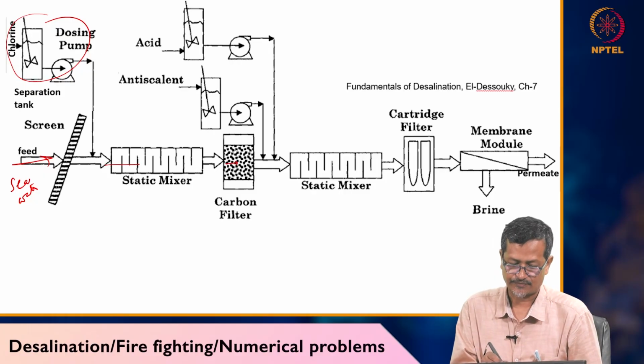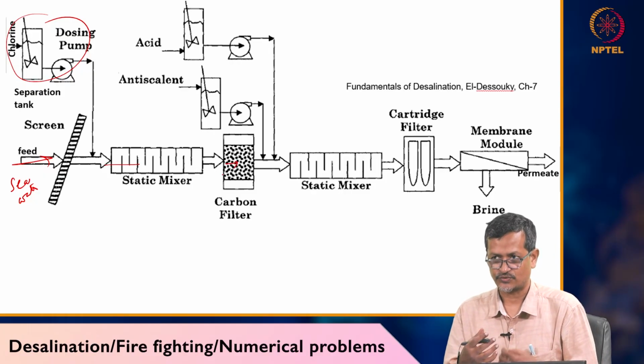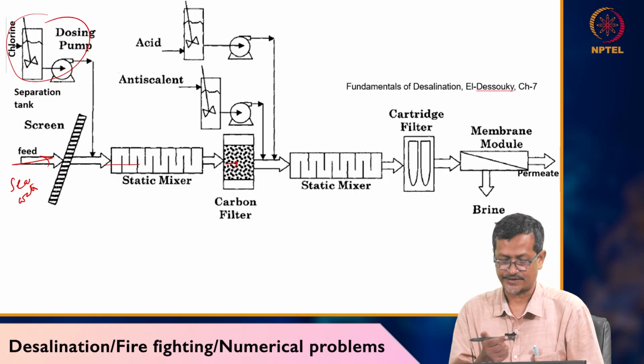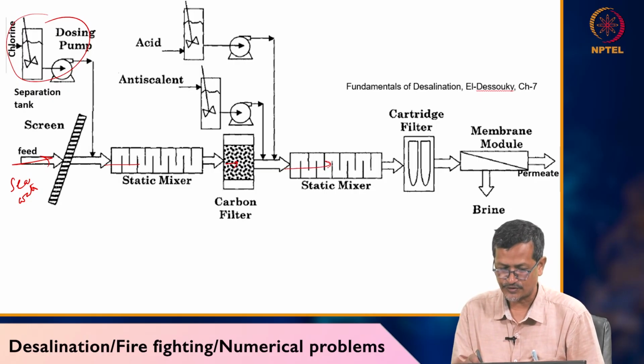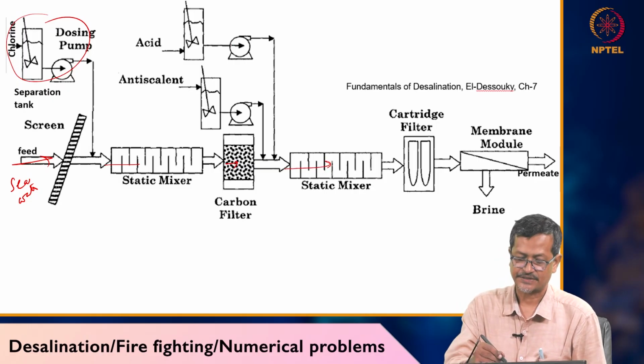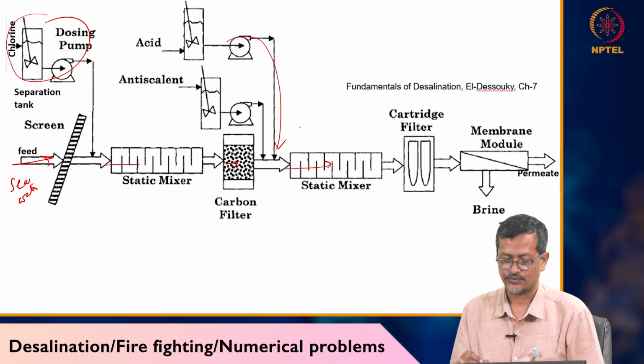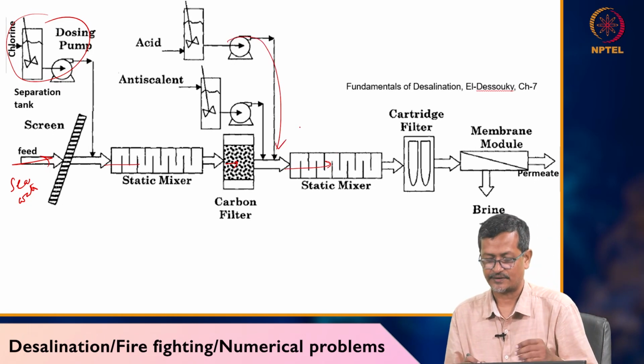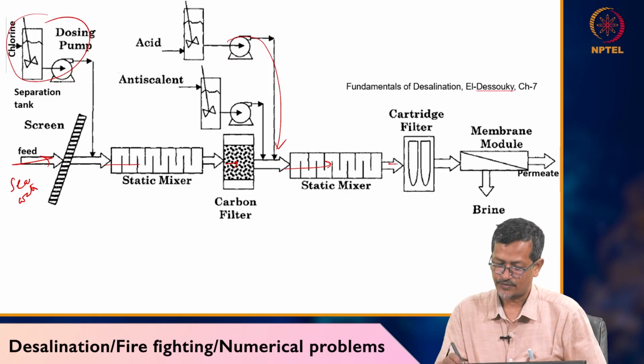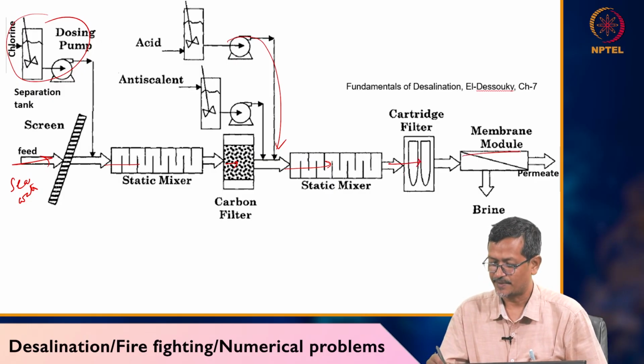After mixing, it passes through a carbon filter, which also removes a certain amount of solids. Then it goes to a static mixer because you are adding a certain amount of acid, so you are removing basicity and adjusting the pH. Now it goes through a cartridge filter, then the membrane.